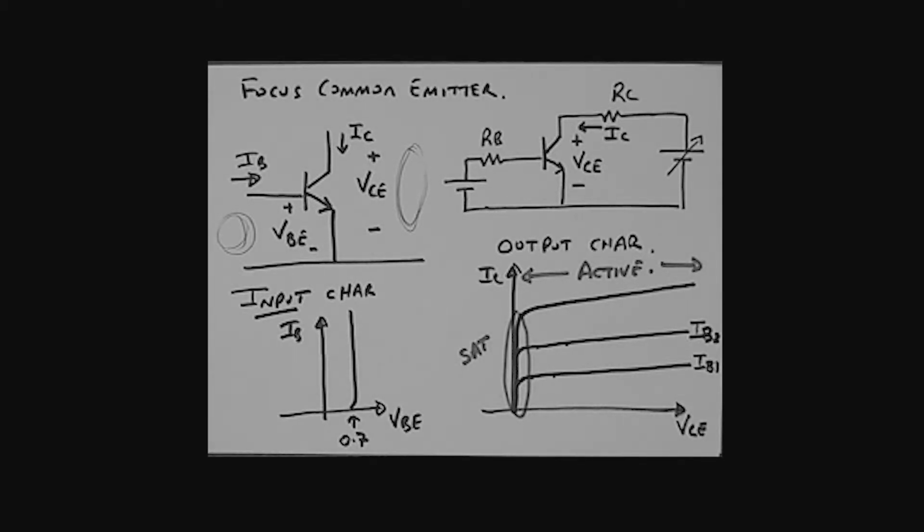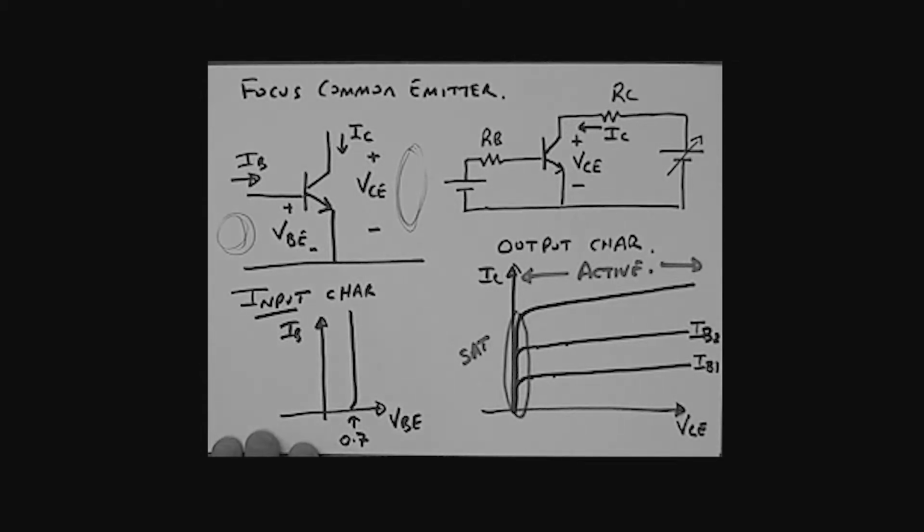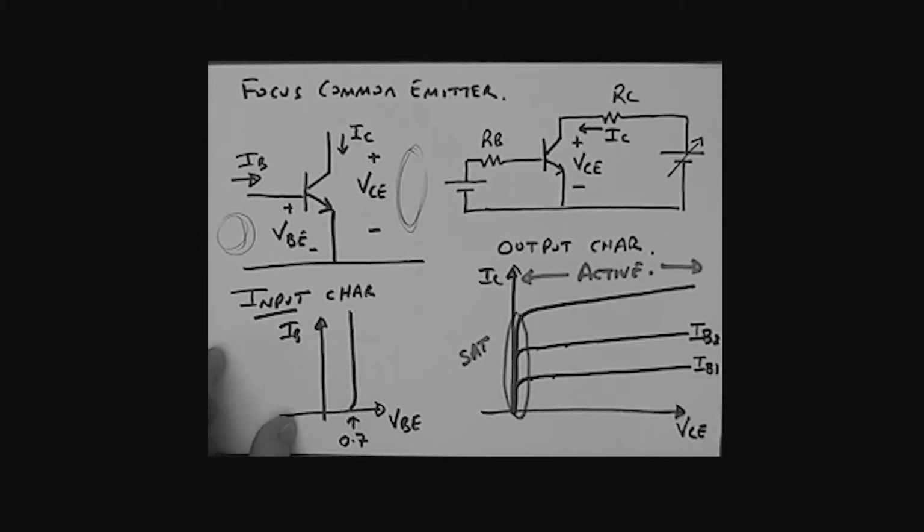That's something we need to focus on. So those are the characteristics: the input characteristics, looking much like a diode, where the second approximation is what we'll use, and the output characteristics being a set of curves like this. And that's the circuit that you might consider using in order to plot these characteristics.